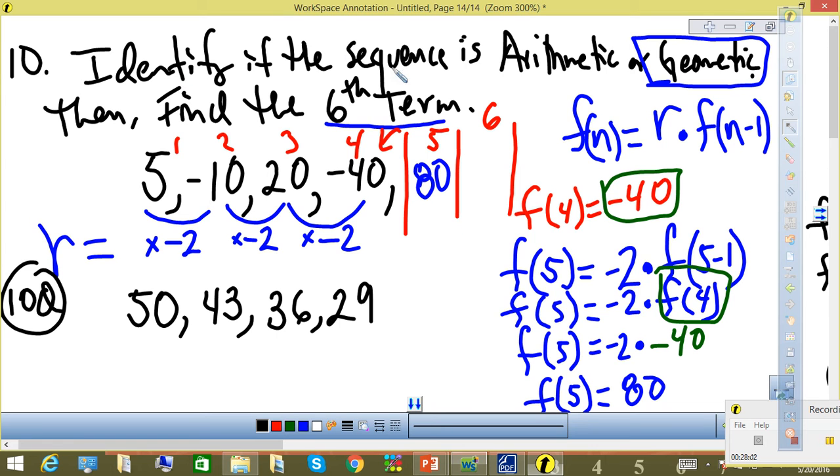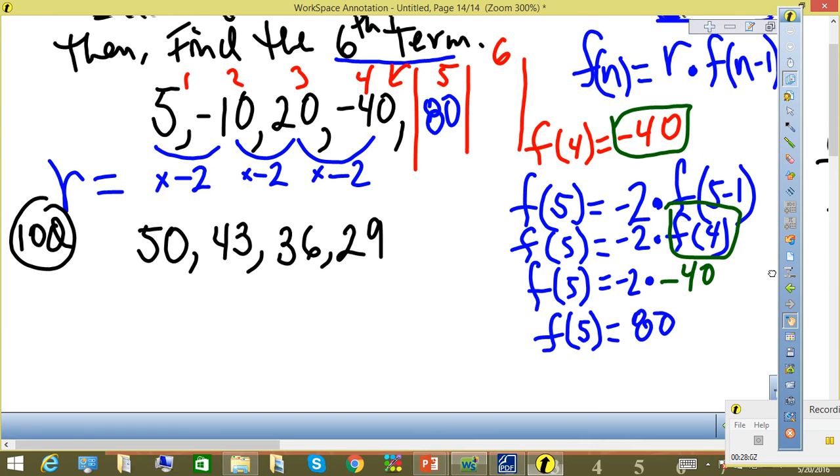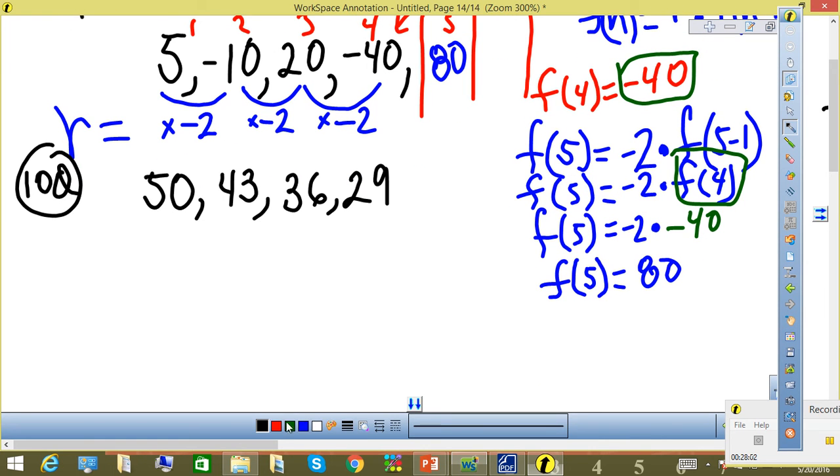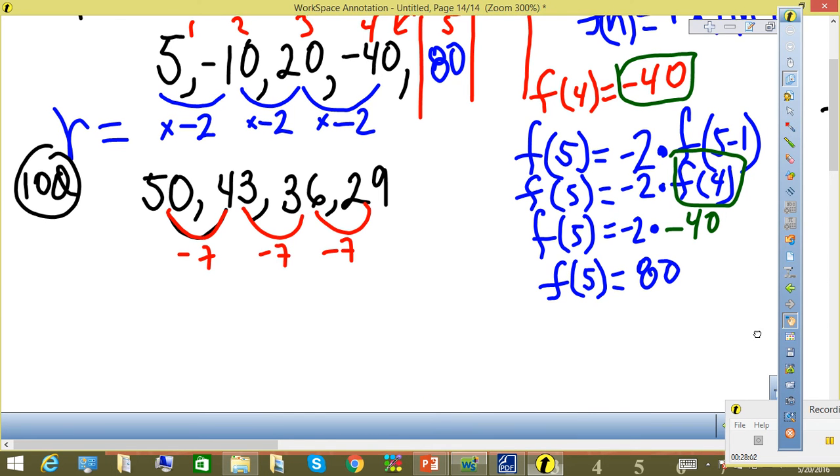And it's the same instructions. So what is the first thing that we need to do? Look for the pattern. So what's happening from here to here? We're subtracting 7. If we're subtracting 7, what kind of sequence is this?